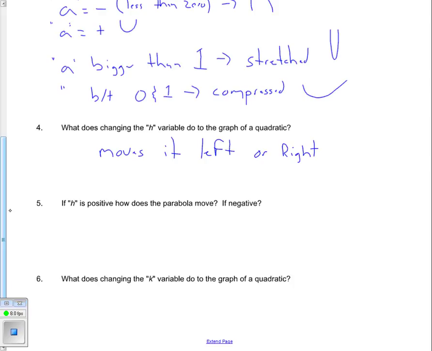Well, if the h value is positive, then it moves right. Okay, if the h value is negative, then it moves left.